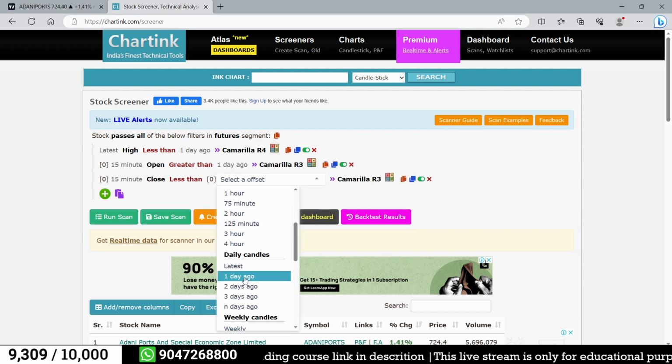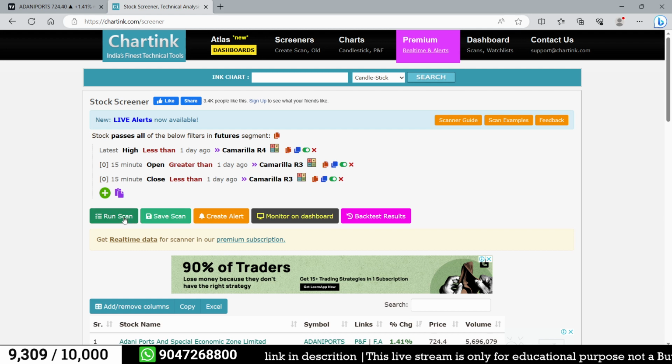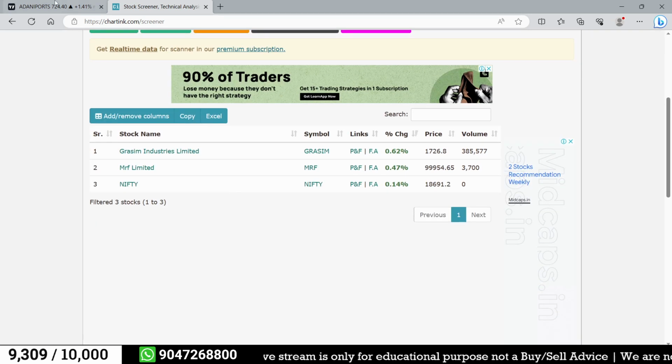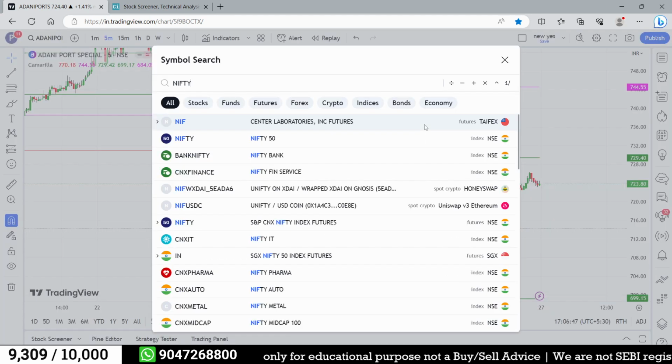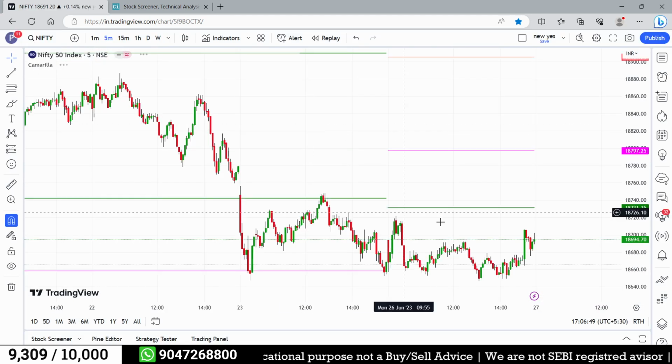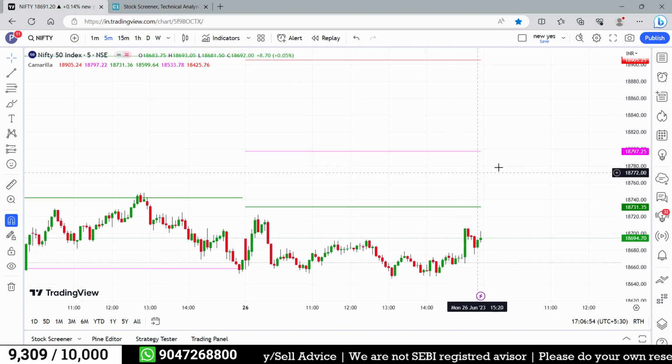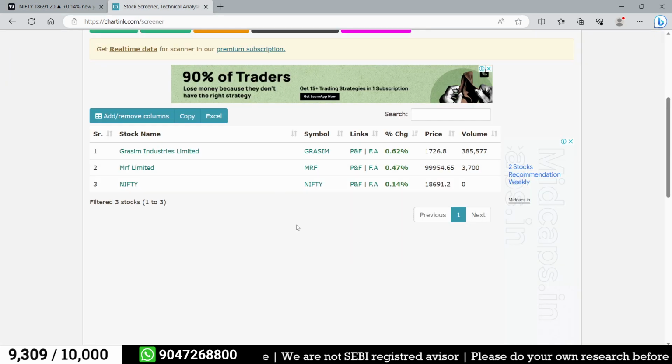Here is the only confusion: if you are using it after market hours, the data will be okay. Grasping MRF, Nifty. Let me check that. Nifty, at what point? Closing hours is showing you maybe tomorrow's level.